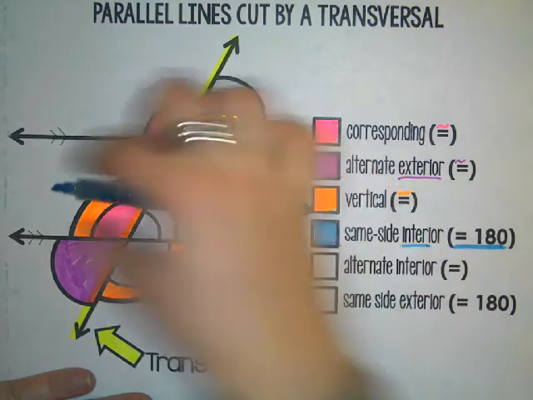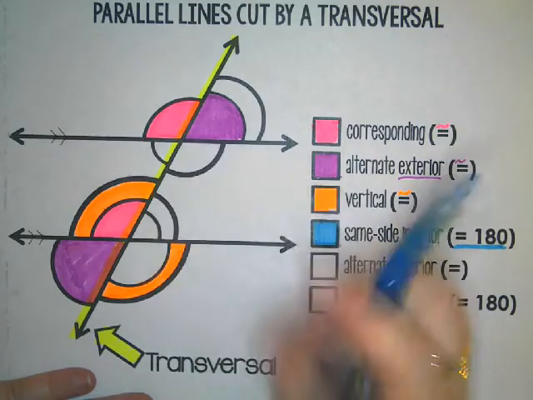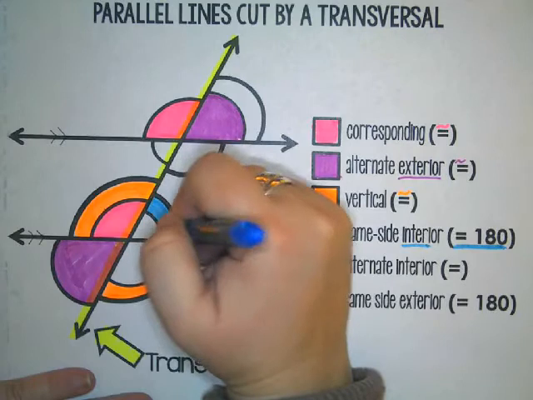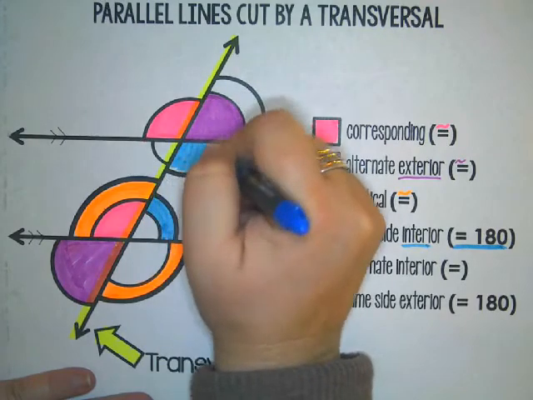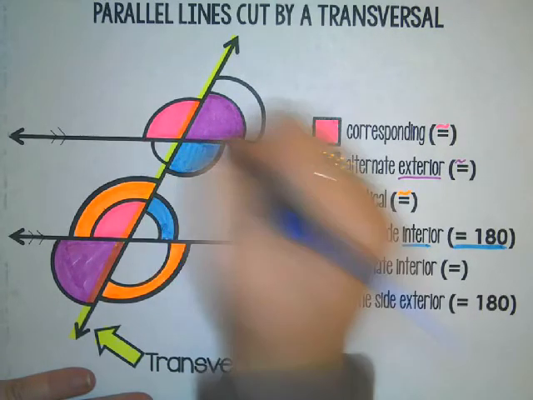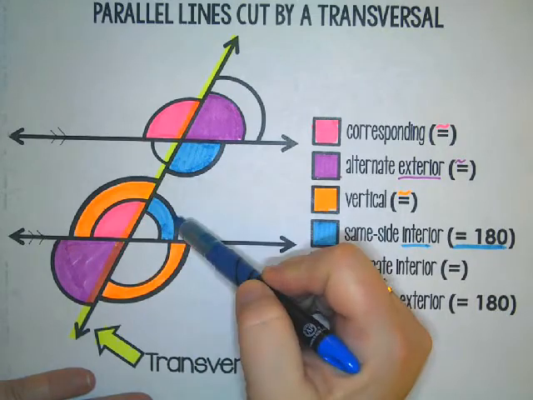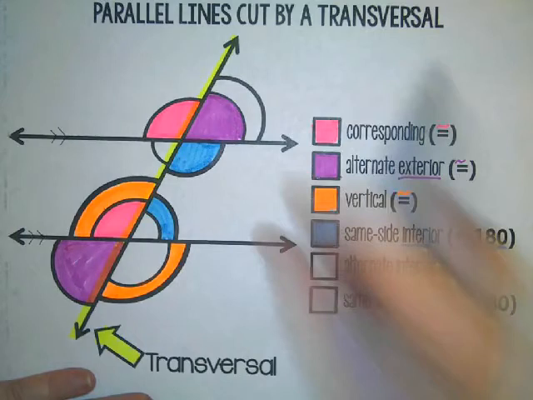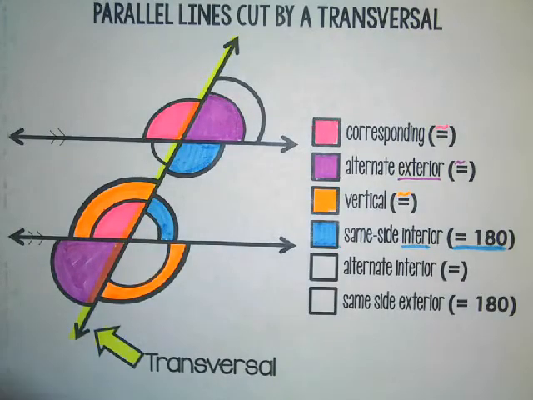So remember, inside the parallel lines is where that pen is located. So for instance, this guy right here, this whole angle and this angle, these two are on the same side of the transversal and they're inside of the parallel lines. And together, they're going to equal 180 degrees.